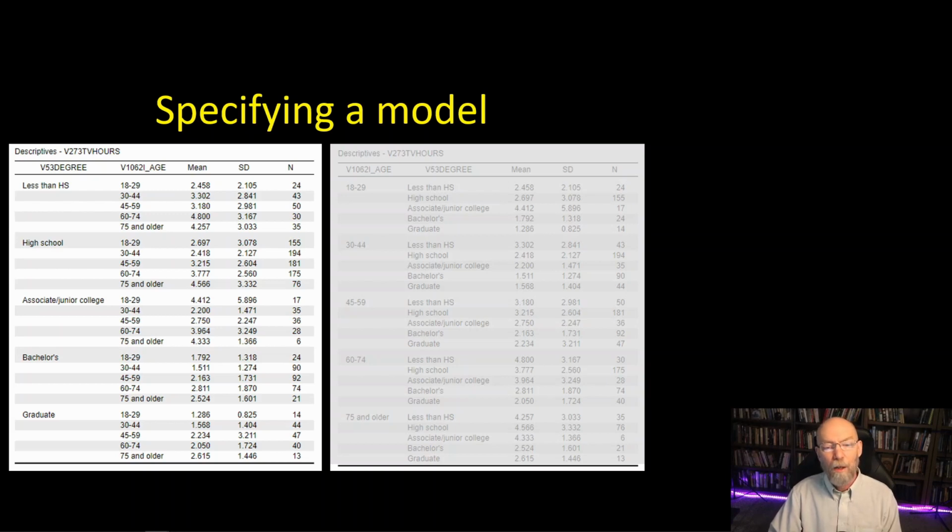And then you can say, what about those who are high school graduates? And you can look at it and see what the pattern is. What about those who have associate degrees? What about those who have bachelor's degrees? What about those who have graduate degrees? And for the graduate degrees, we see 1.3, 1.6, 2.2, 2.0, and 2.6. So it does increase a little bit as they get older, but not very much.